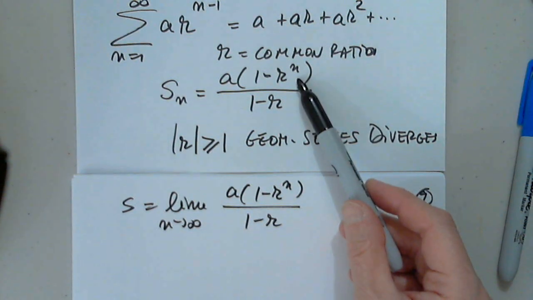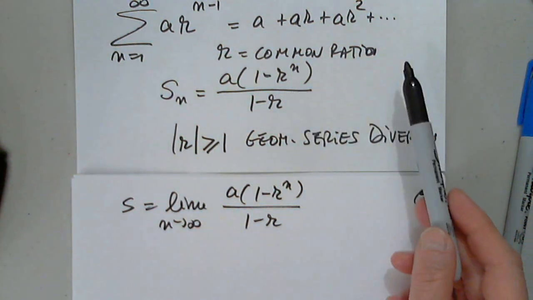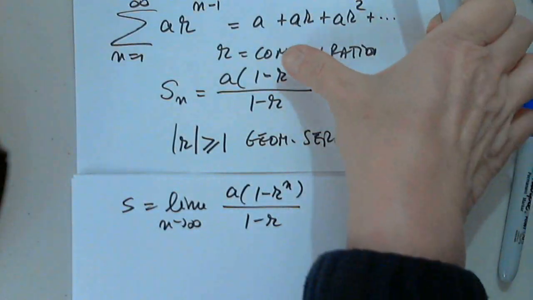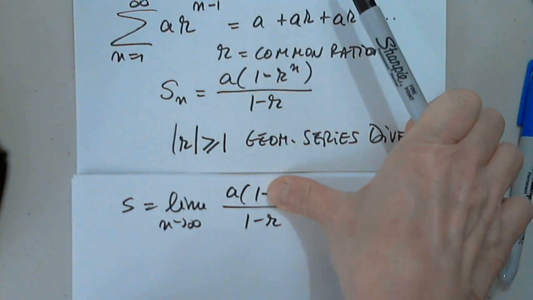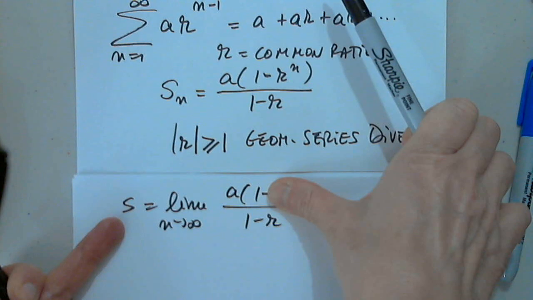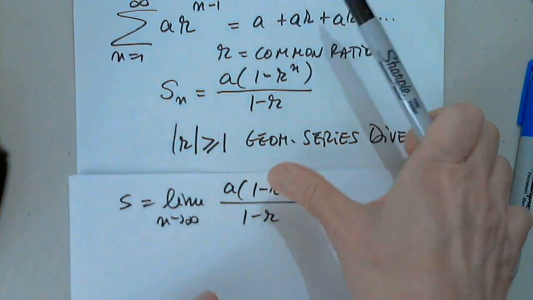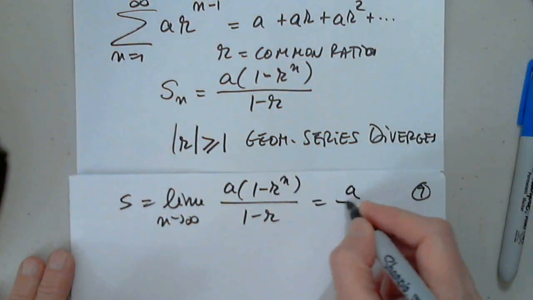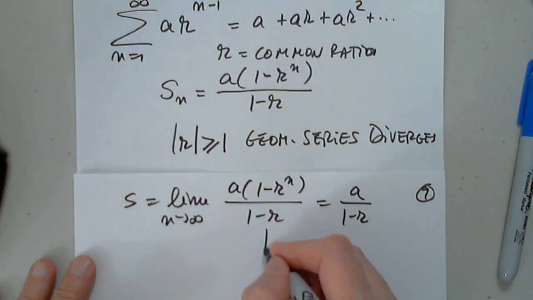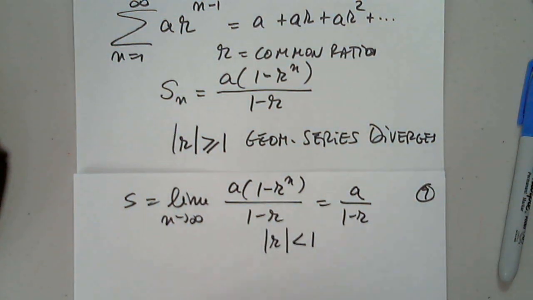And because r is a small number between -1 and 1, this term will approach 0. So the sum of the geometric infinite series is a over 1 minus r. Again, assuming that r in absolute value is less than 1. In any other situation, the series diverges.